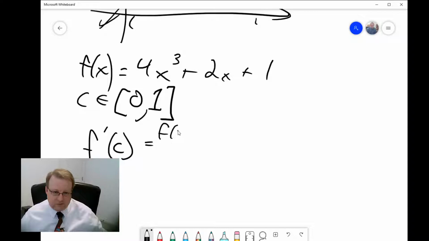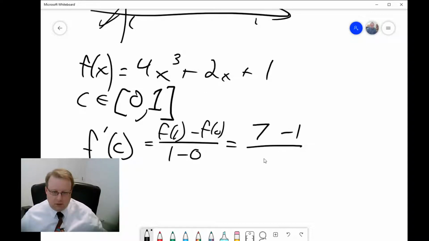So that's f of 1 minus f of 0 over 1 minus 0. Well, f of 1 is 7, f of 0 is 1. So at some point along the way, there's at least one point where the value of the derivative is 6.